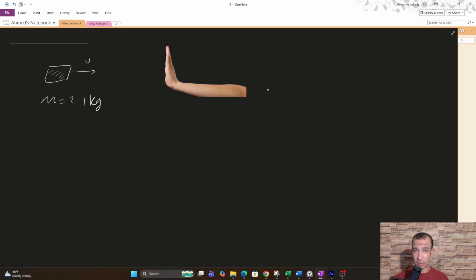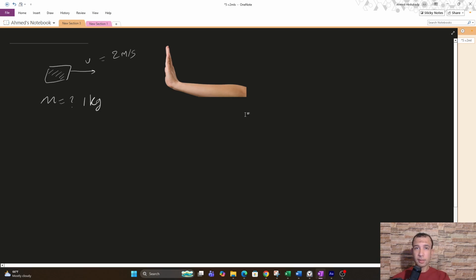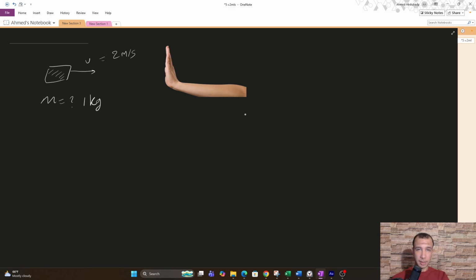The second question is, how fast is it traveling? Let's say it's 2 meters per second. Now we can agree that this is enough to describe how hard it is to stop it. So this quantity is proportional to velocity and proportional to mass.